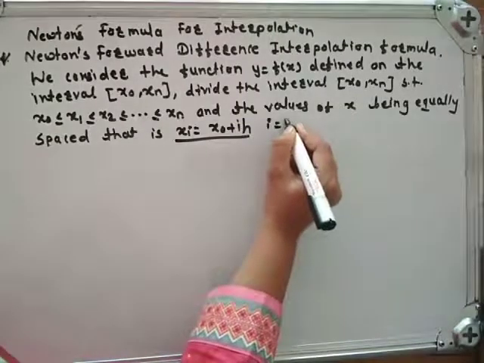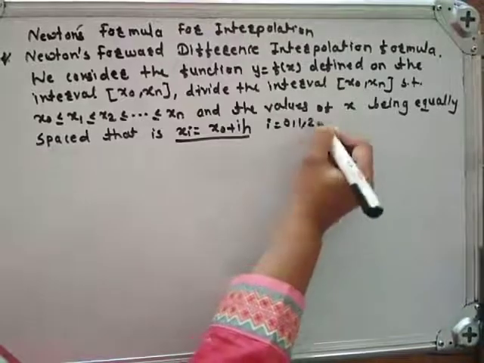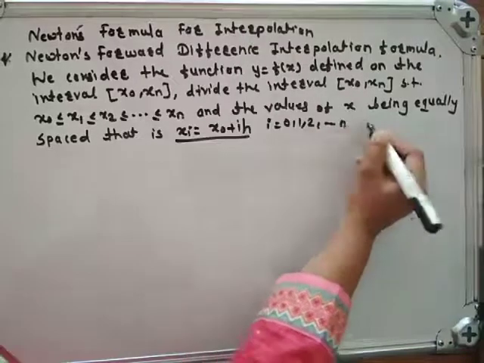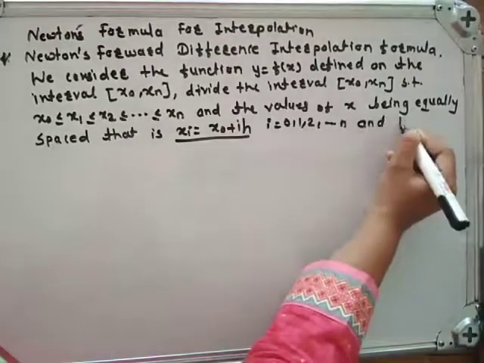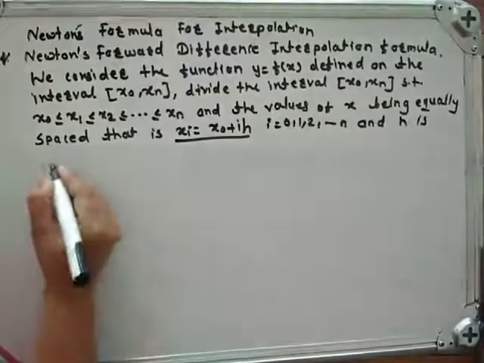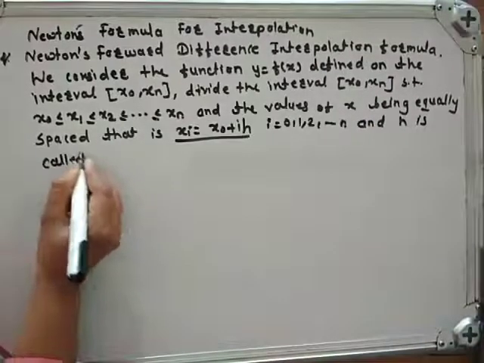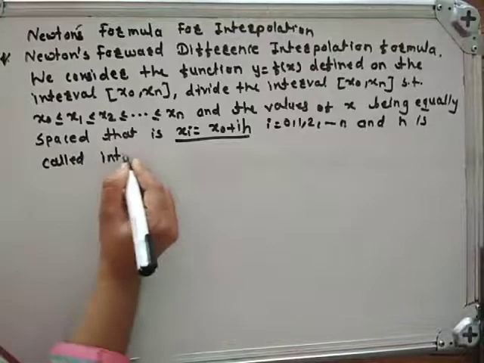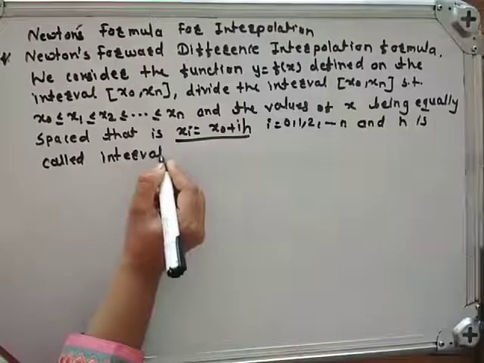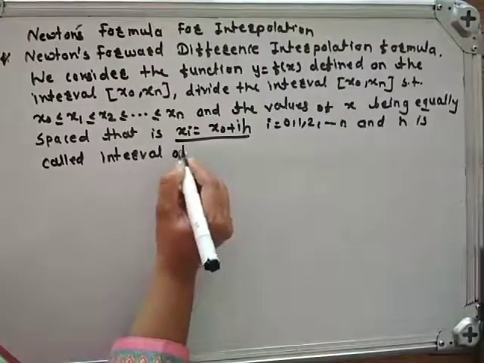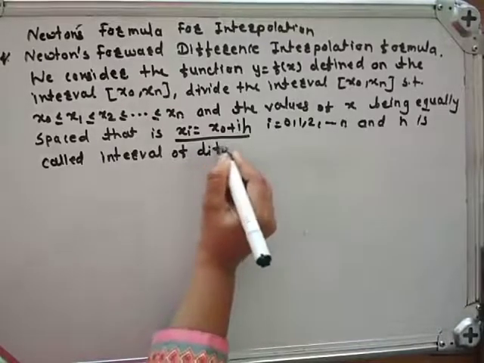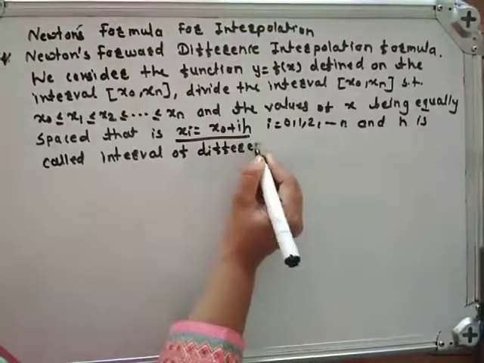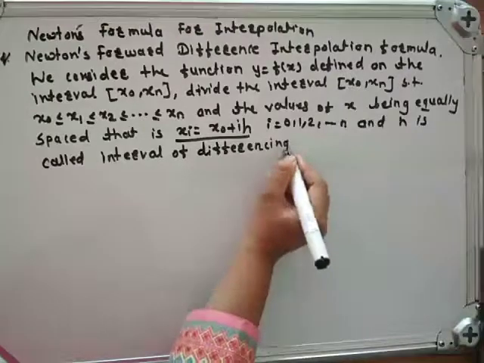Here i runs from 0, 1, 2 and so on up to n, and h is called the interval of differencing.